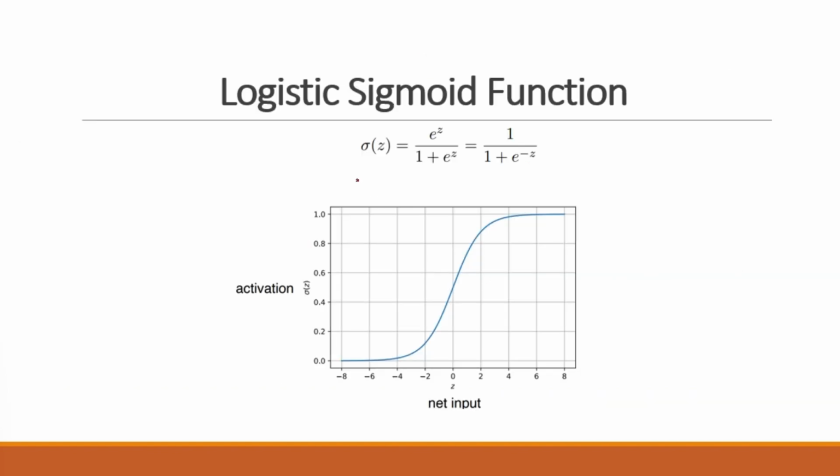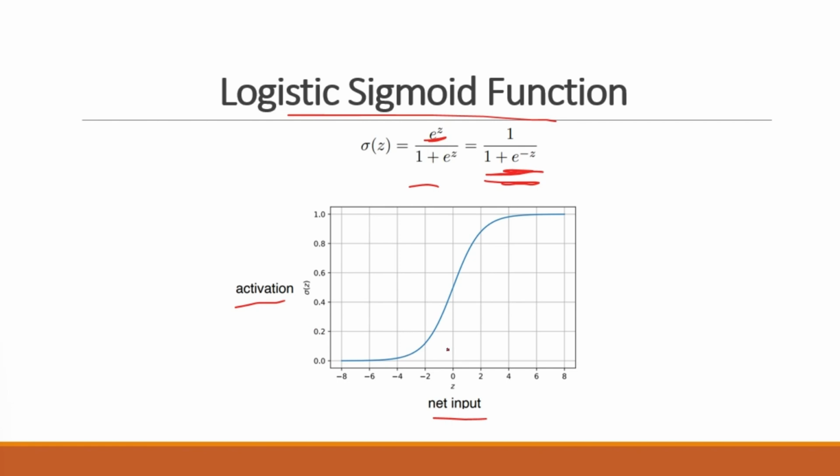So here is how the logistic sigmoid function looks. There are two forms that you can represent it in. Usually this one is the more common form in deep learning contexts, and we will be using this activation function also in the context of multi-layer perceptrons later. How you get from the left hand side to the right hand side is just by dividing by e to the power of z. Alright, so here's how it looks. We have the activation plotted on the y-axis and the net input, which is passed to the activation function, on the x-axis.